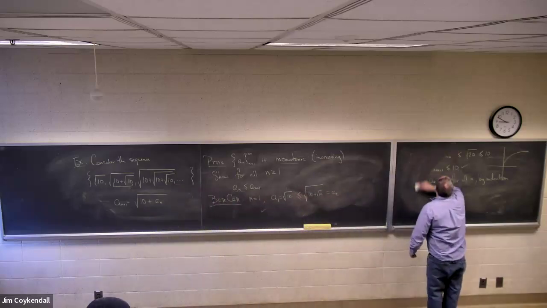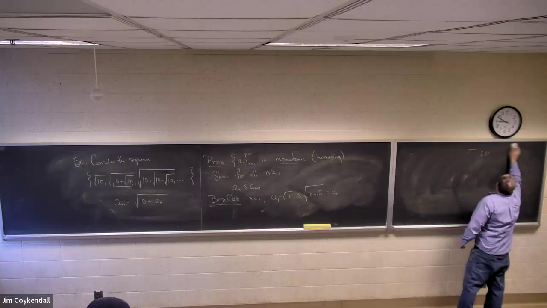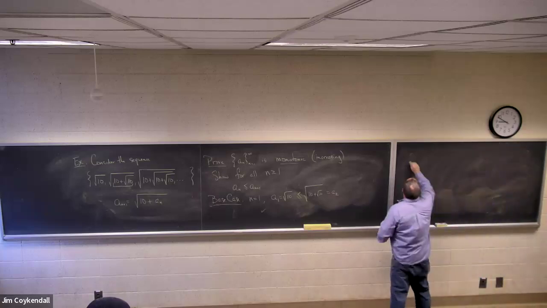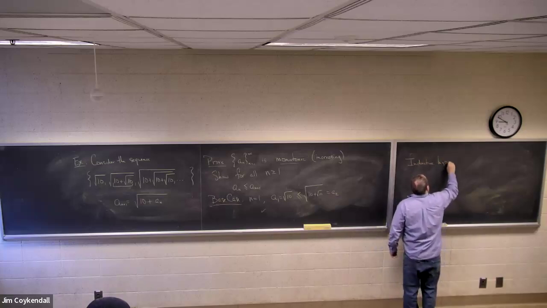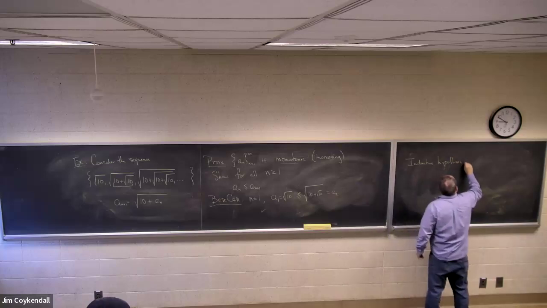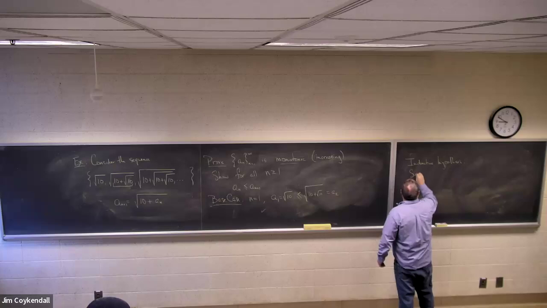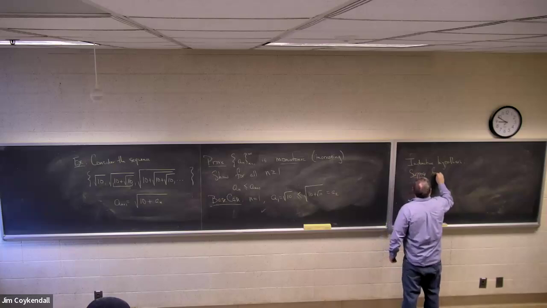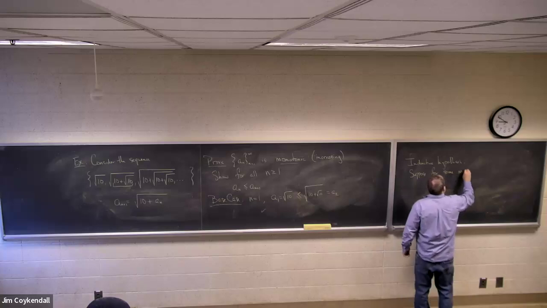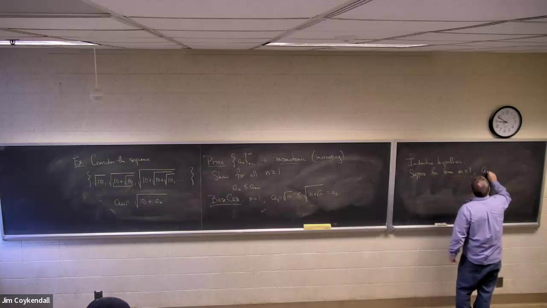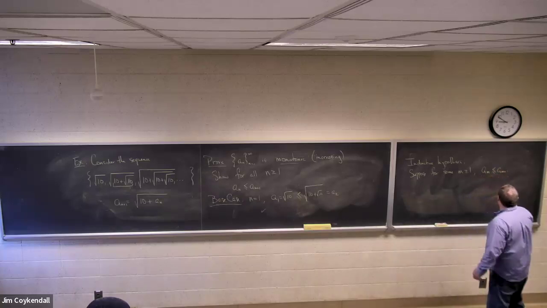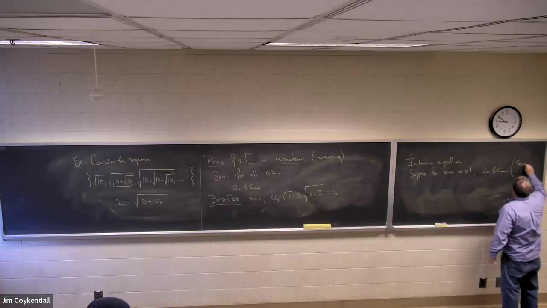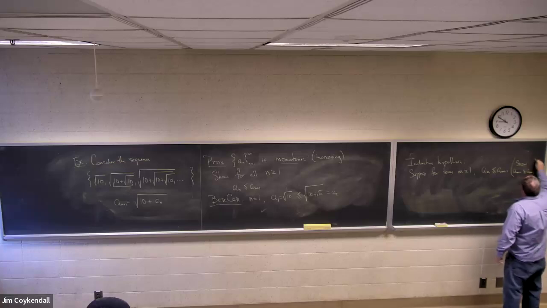The inductive hypothesis, I think this was easier. Suppose for some m greater than or equal to 1, we have A m is less than or equal to A m plus 1, and we need to show A m plus 1 is less than or equal to A m plus 2.